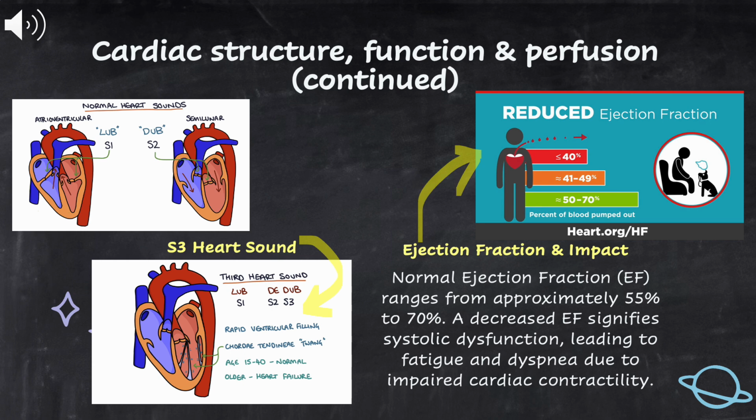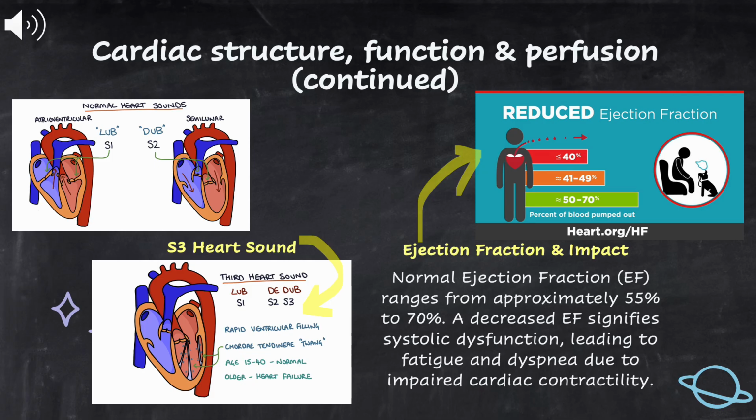In adults, hearing an S3 is most often linked to volume overload and reduced ventricular compliance, and it is commonly heard in heart failure. An S3 indicates that the ventricle is struggling to handle the incoming blood volume efficiently. This abnormal filling pattern signals worsening pump function and helps explain symptoms such as fatigue and shortness of breath.